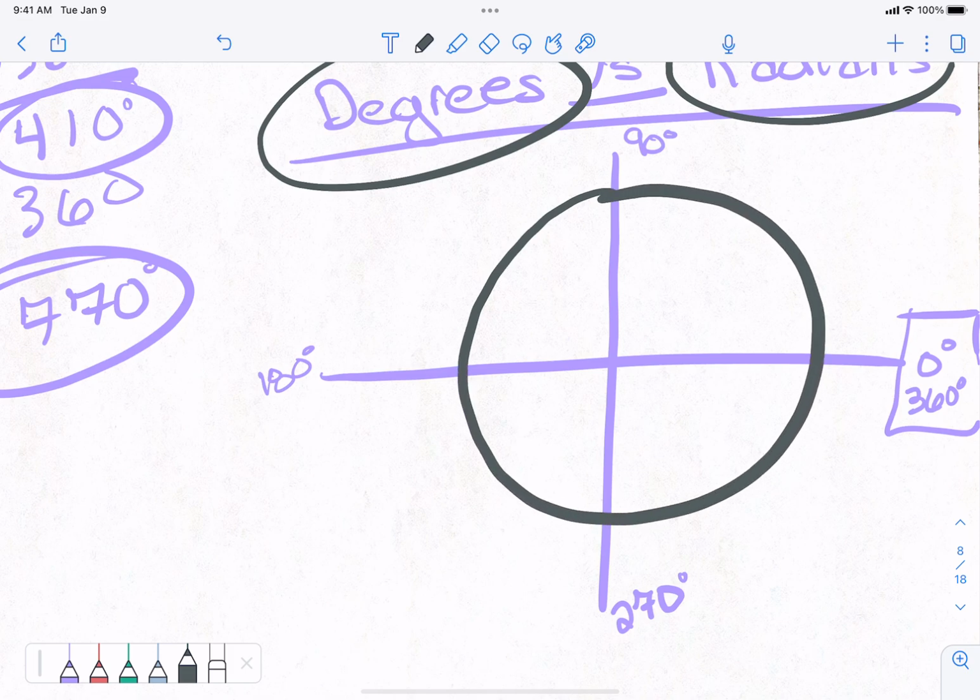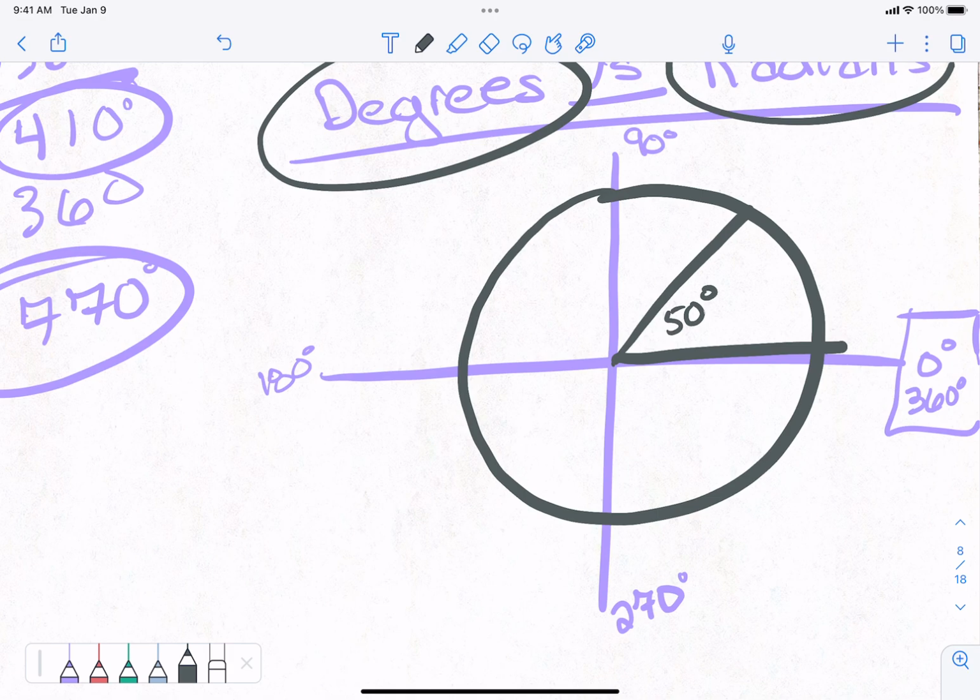So slap a circle onto your coordinate plane there. We're going to talk about slices of pizza in this circle. We just had things like 50 degrees, a little over half of one quadrant. That's in degrees, and that's what I know.